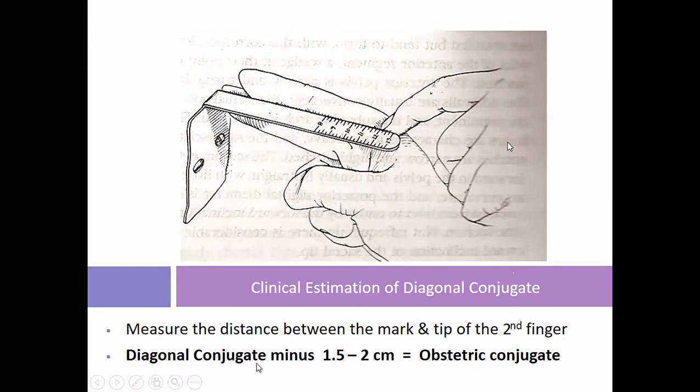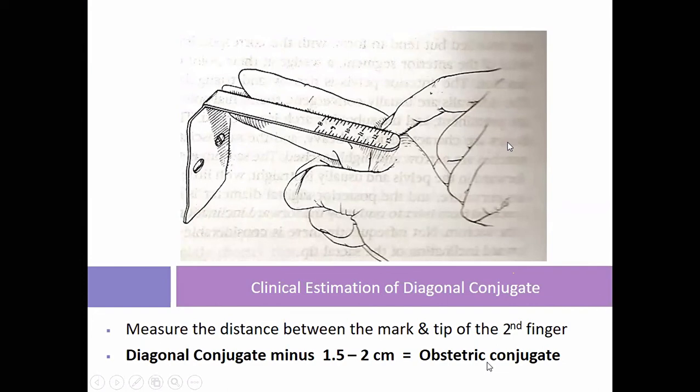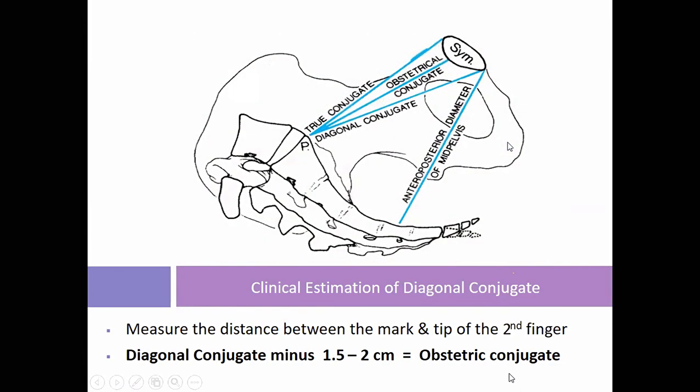Because if you have a 10 cm diagonal conjugate, you subtract 1.5 to 2, you will obtain around 8.5 to 9 cm of obstetric conjugate, and therefore you will say that the AP diameter of the pelvic inlet is contracted, because the obstetric conjugate needs to be at least 10 centimeters for the fetal head to pass through.